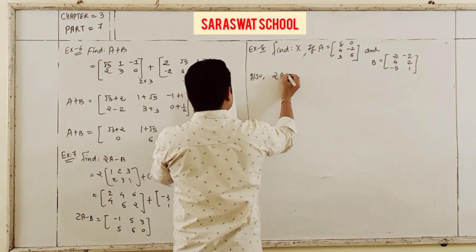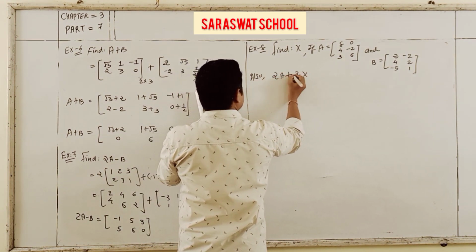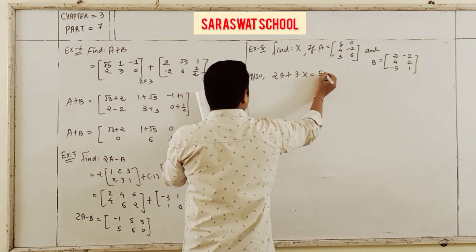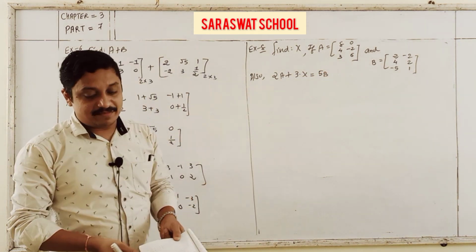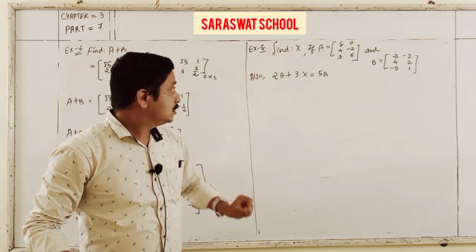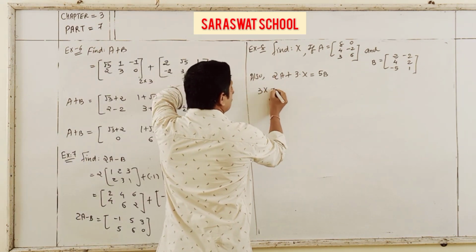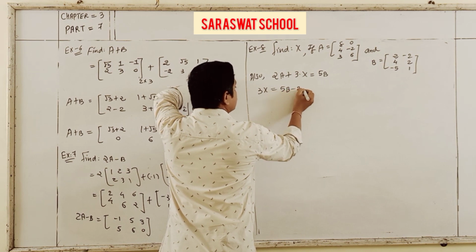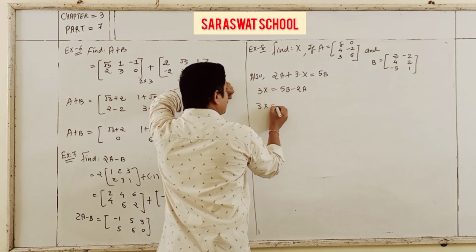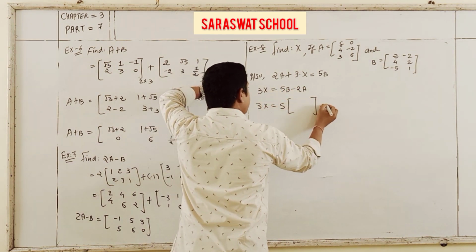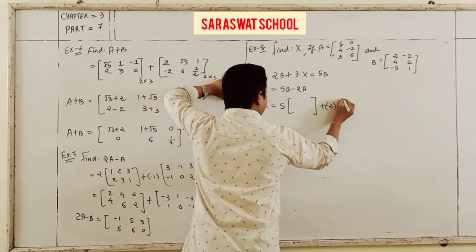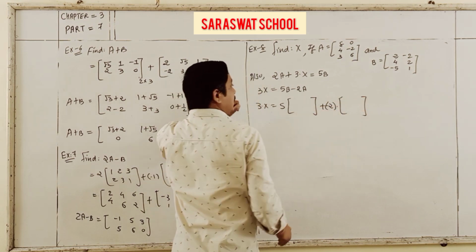And given also 2a plus 3x is equal to 5b. Students, you focus on that here x. So 3x is equal to 5b minus 2a. Putting down that 5 of b minus 2 with a and apply the value.